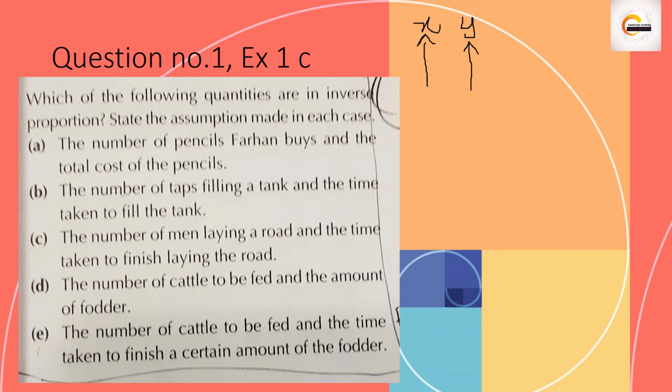Now, if the value of one variable is increasing and the other variable's value is decreasing, then this kind of relationship is called inverse proportion.